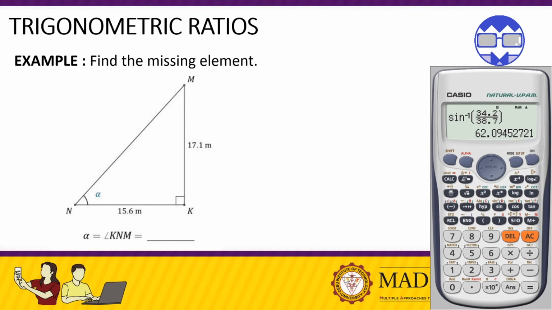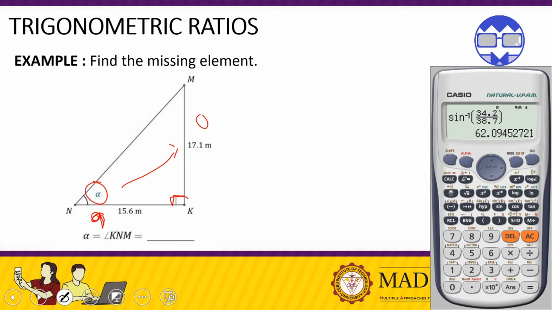Let's have the last example. Again, we're looking for the angle here. It's the angle alpha. Given, we have the opposite of alpha, and we also have the adjacent of alpha. I'm sure that this is adjacent because it's not the opposite of the 90-degree angle, so it's not the hypotenuse.